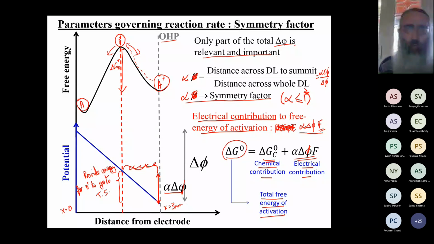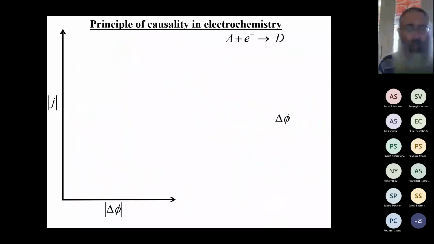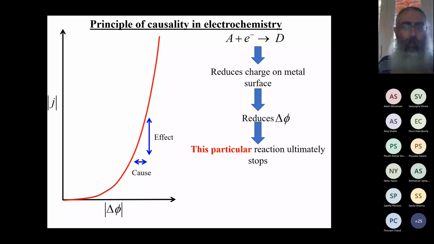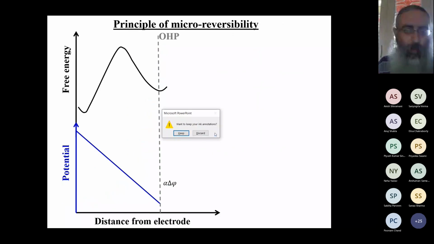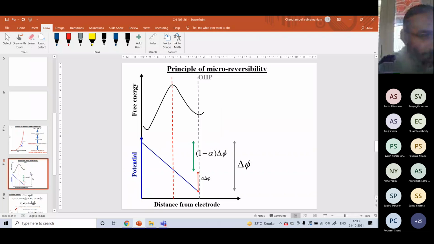So all that is required for us to do is take this sum of chemical contribution and electrical contribution and plug it into the overall rate of the reaction. Okay, the overall rate of the reaction, where is this? I messed up my slides. Sorry, I messed up my slides.